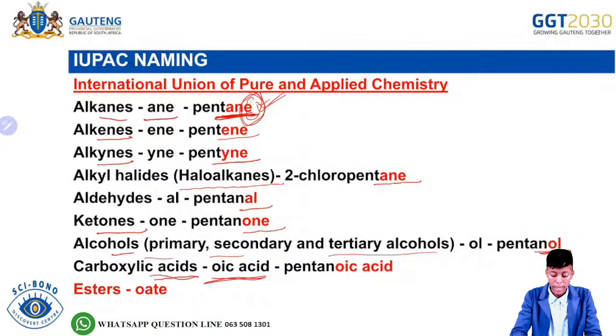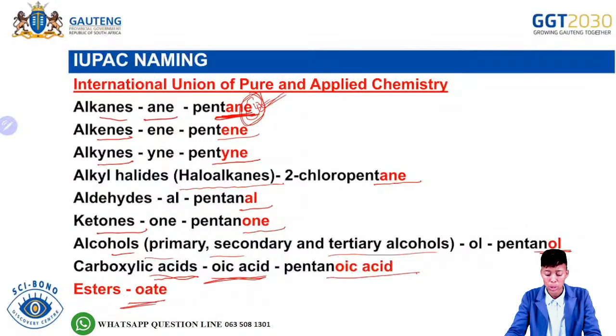So if you have an alkane, you replace the E with "oic acid". And the last one there is the esters. So for your question 2, question 3, and question 4 of organic chemistry, you need to keep the following in mind as well.